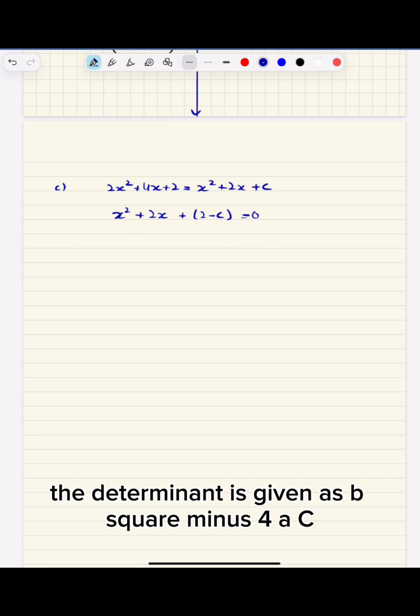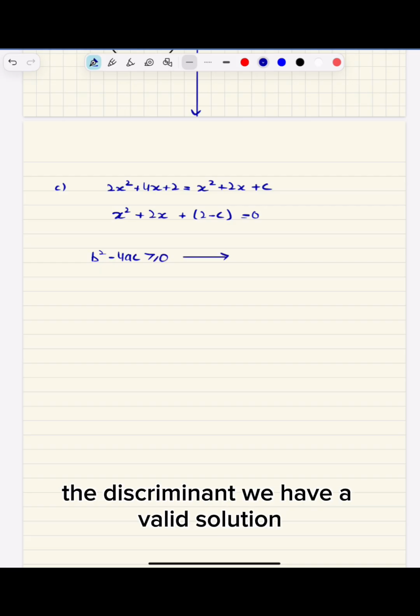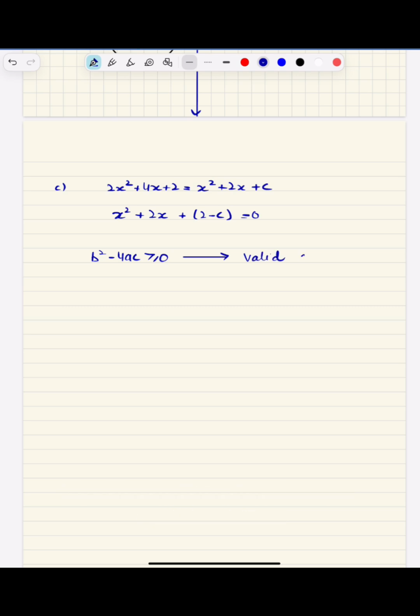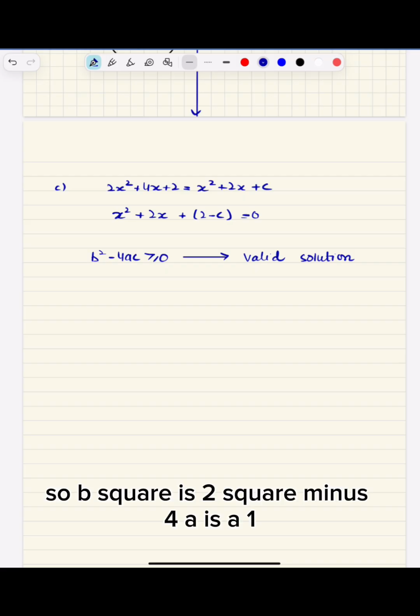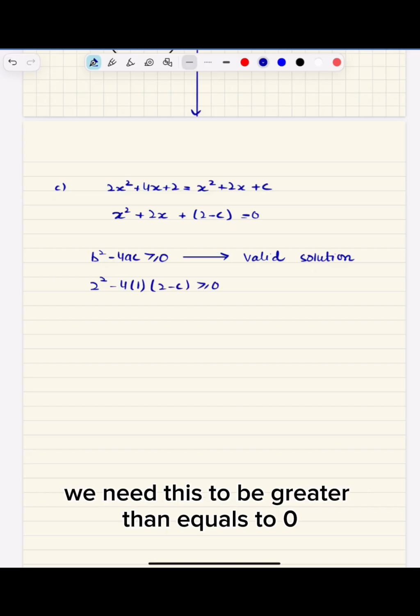The discriminant is given as b squared minus 4ac. As long as it's greater than or equal to 0, we have a valid solution in the xy plane. So b squared is 2 squared, minus 4 times a which is 1, times the value of c. We need this to be greater than or equal to 0.